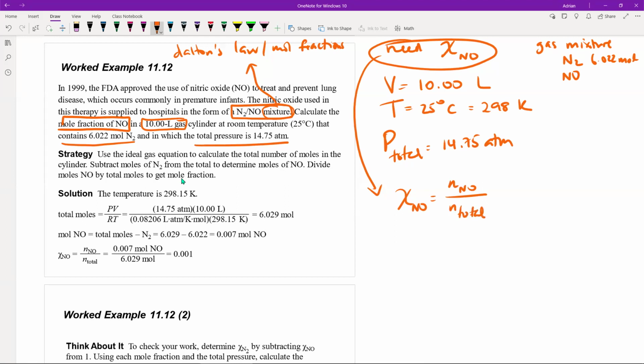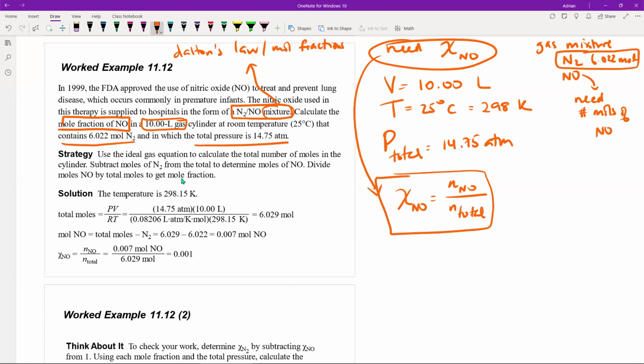Okay, so we have the number of moles of nitrogen, N2. We would still need the number of moles of NO. And once we get that, then we can do the division. So that's what we want to get to. We can use all the other information to get to that point.